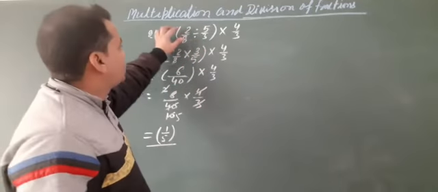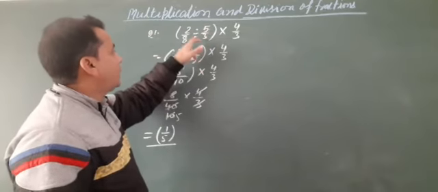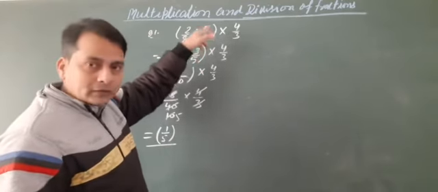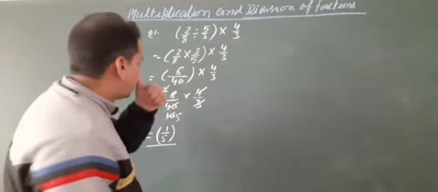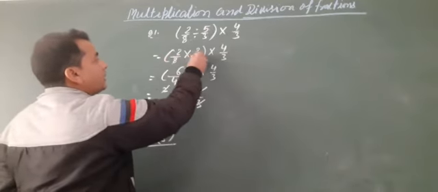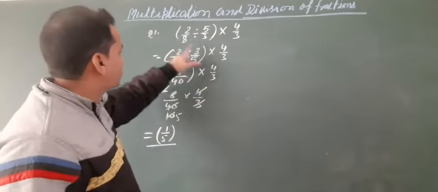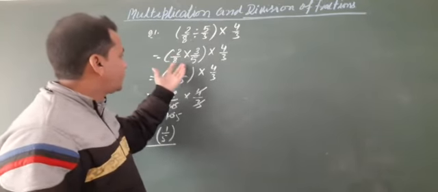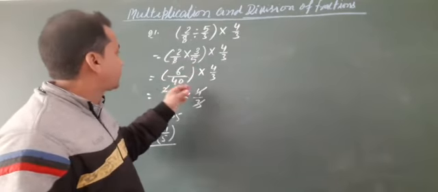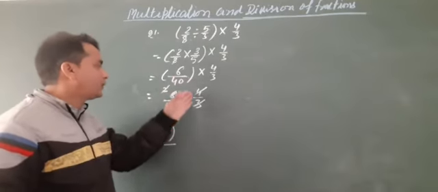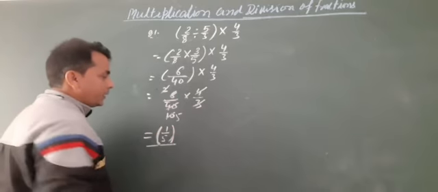So here 2 by 8 divided by 5 by 3, then the reciprocal of 5 by 3 is 3 by 5, and change the sign of division to multiplication, that is 2 by 8 into 3 by 5. Multiply the numerators of both fractions, that is 2 into 3, that is 6, and multiply the denominators, that is 8 into 5, here it is 40. Next 6 by 40 into 4 by 3, then we calculate, the answer will be 1 by 5.